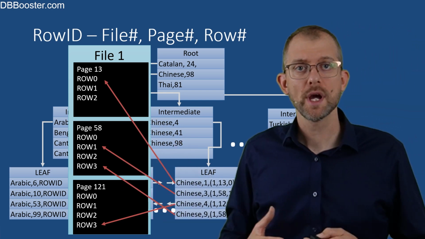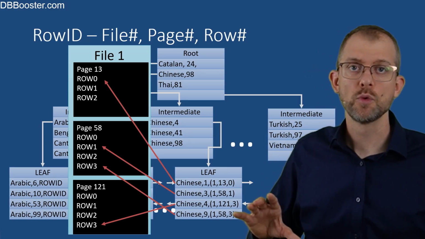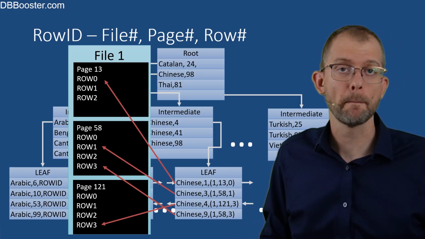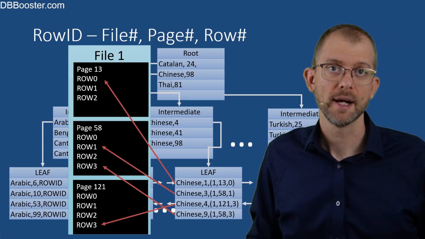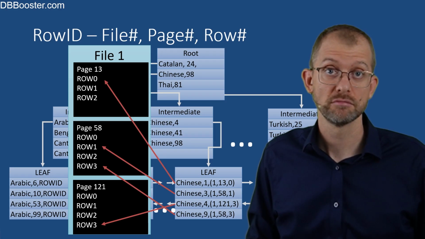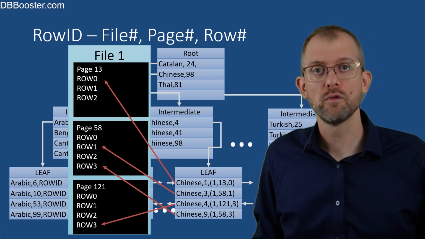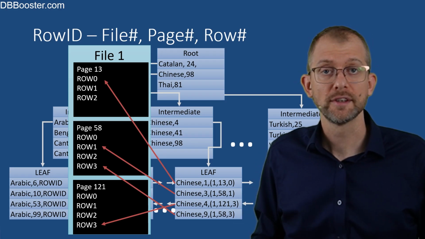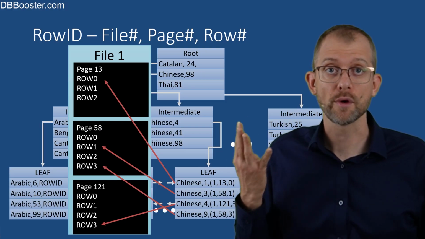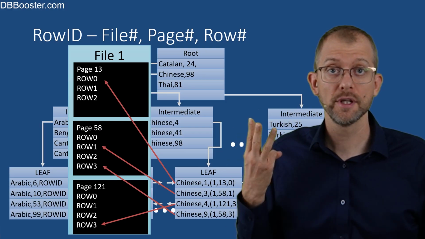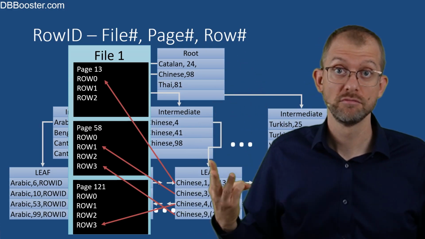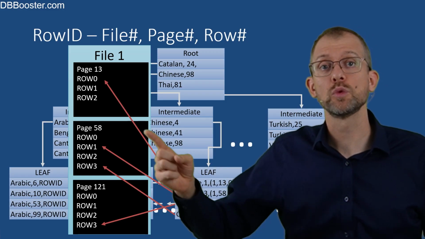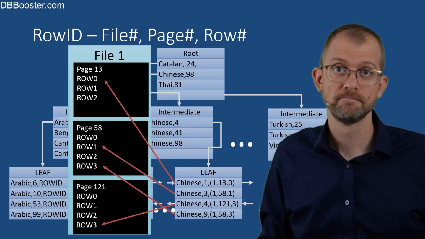Accessing rows via ROWID means reading the corresponding table page, so each lookup adds an extra IO operation. Reading the full row for the value Chinese 4 takes me 4 IO operations: 3 to walk down the tree, and 1 more to access the table.